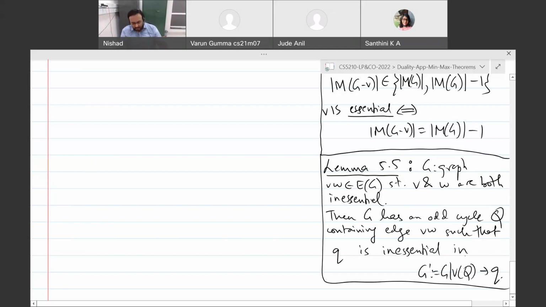So I have found an odd cycle. This is in the graph G, and I shrink this to a single vertex q, as we did in the blossom shrinking. And this is the graph G prime. The claim is that this vertex should be inessential in the resulting graph.